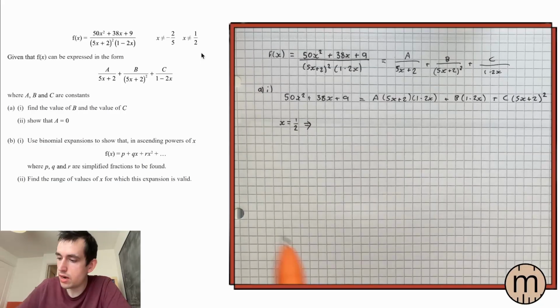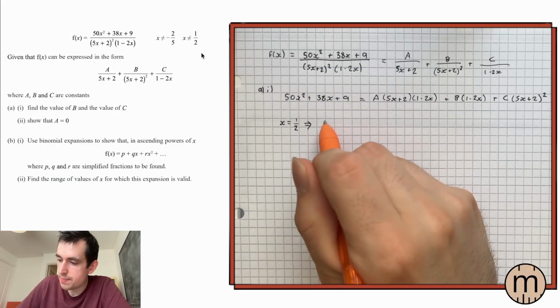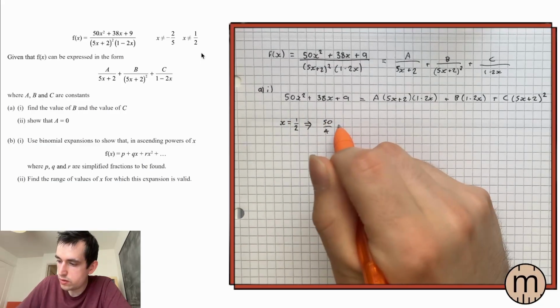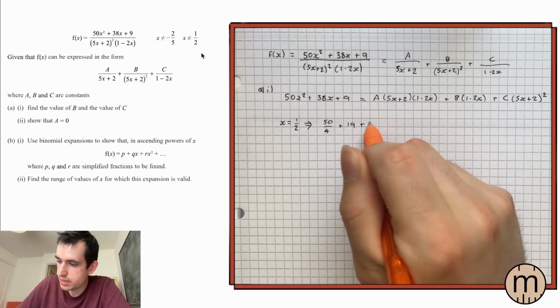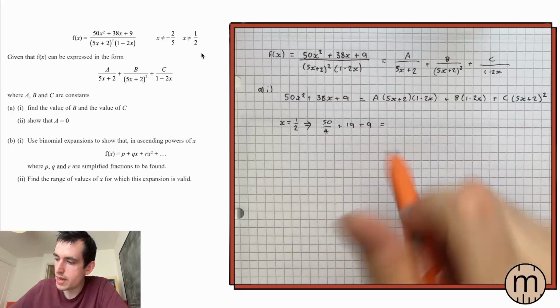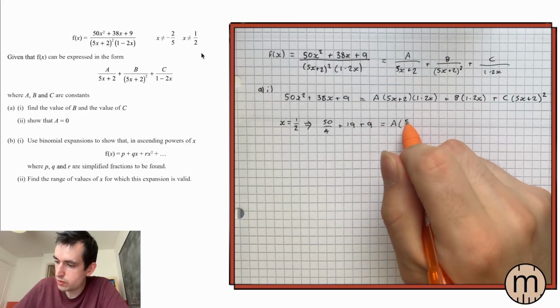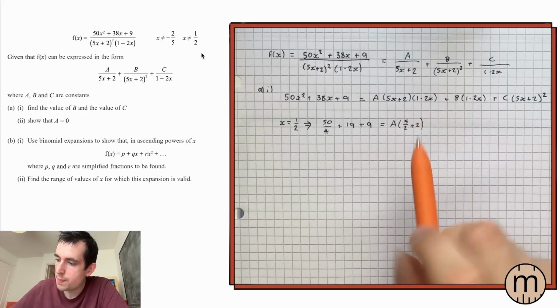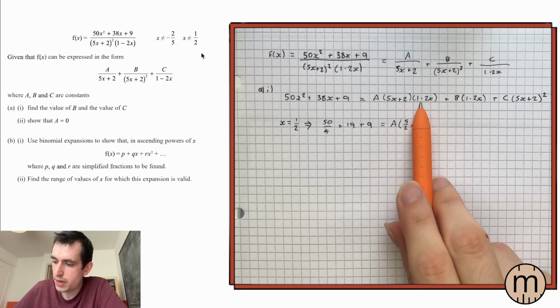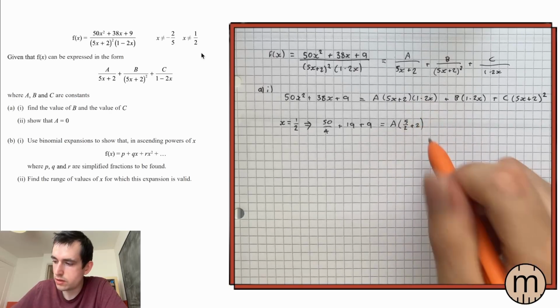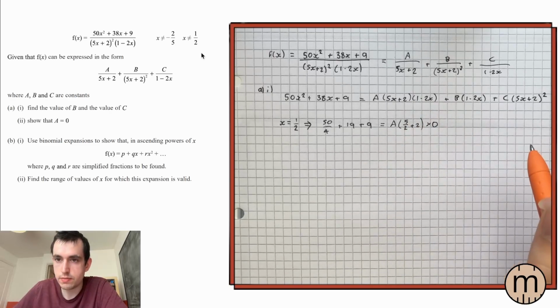If x were a half, then what are we going to get? 50 over 4 plus 19 plus 9 is equal to a times, that's going to be 5 over 2 plus 2, but this is going to be 1 minus 2 halves, which is 0.